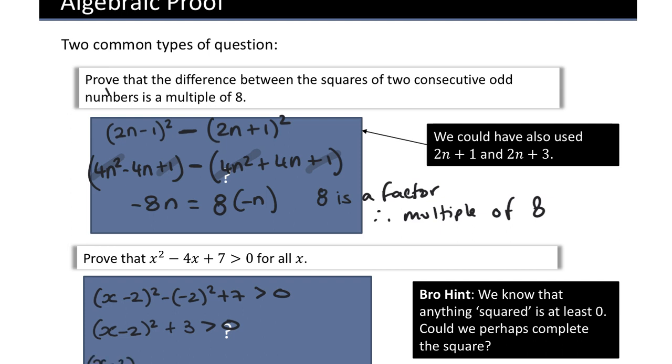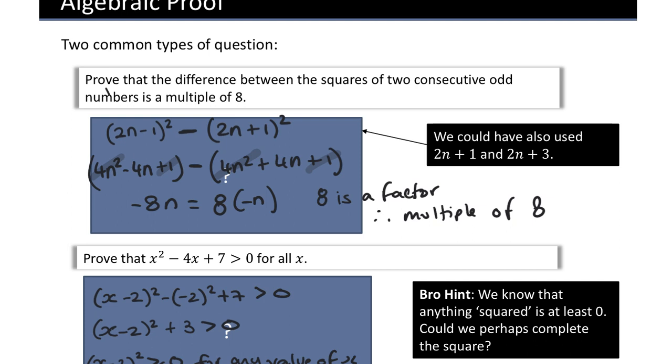X minus 2 squared is greater than or equal to 0 for any value of x. Isn't it? But remember, it's specifically greater than or equal to. For any value of x, okay? And you can write that. For any value of x.